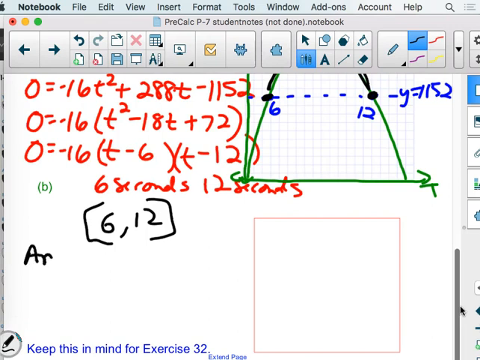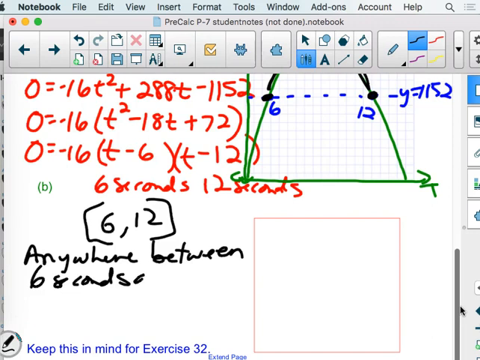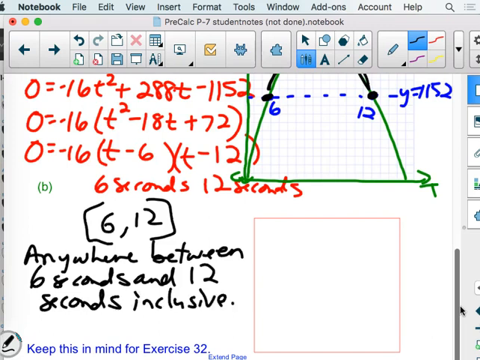So anywhere between 6 seconds and 12 seconds, inclusive. Which means you are going to include the 6 and the 12. So those are included as part of the answer because it's at least and it worked.